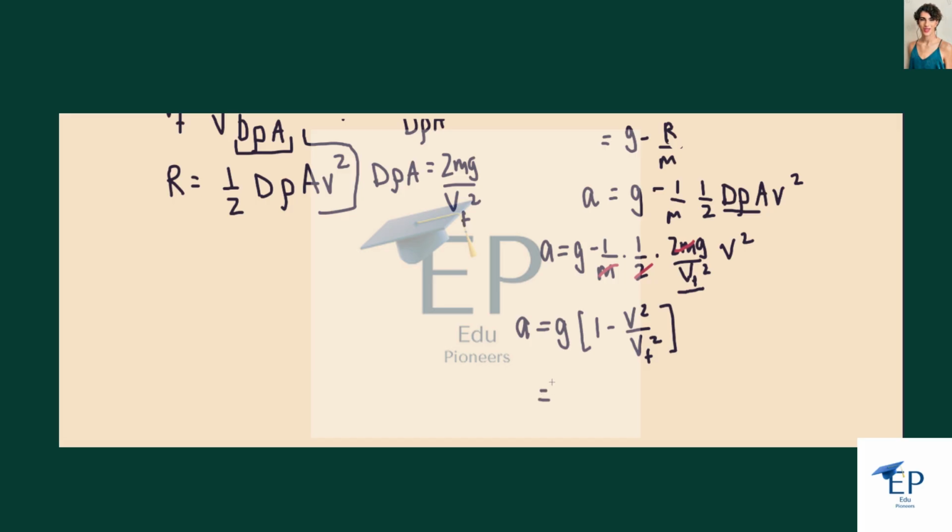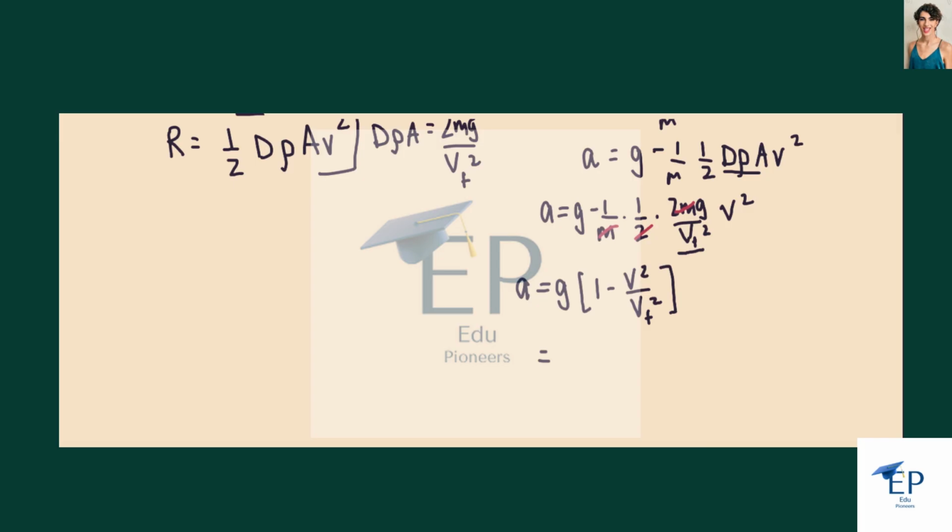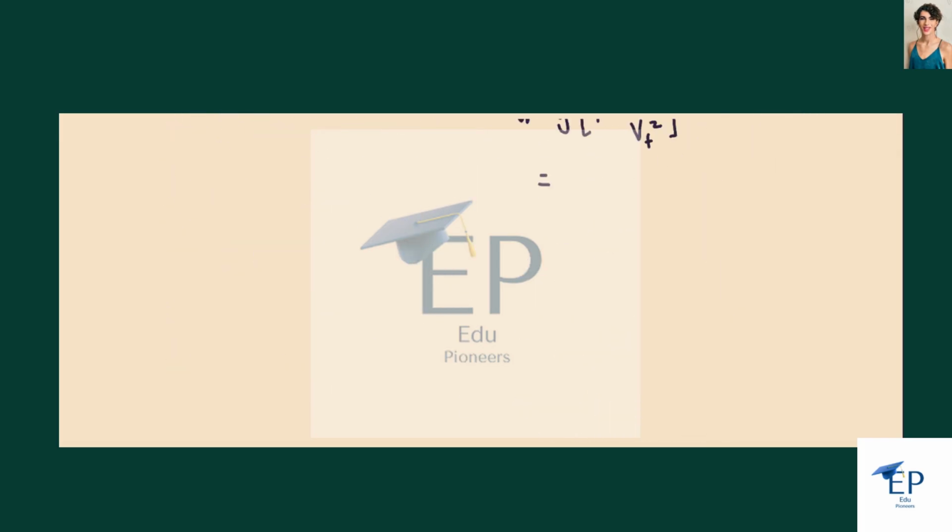Actually this is really not bad. Now I can just sub this into a calculator. I was thinking of doing it in my head, but getting a little tired. 9.81 times 1 minus 30 squared over 50 squared. That gives me 6.28 meters per second squared.